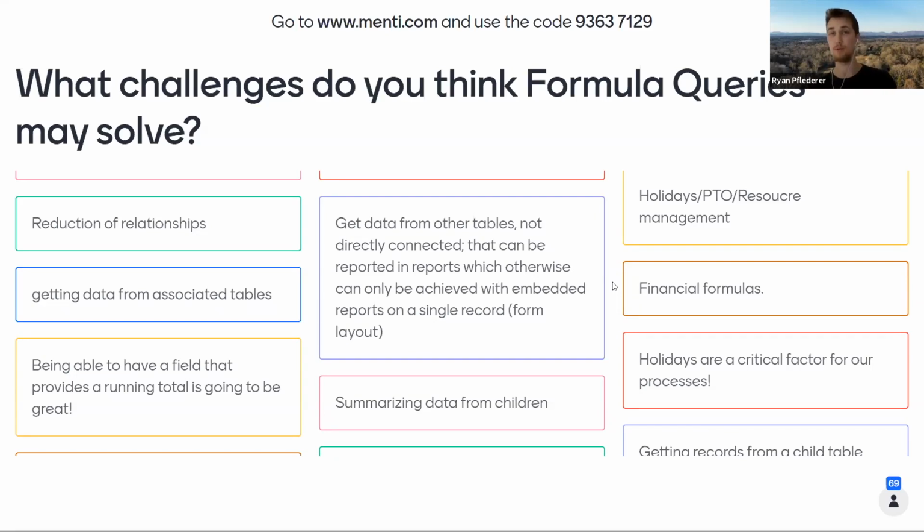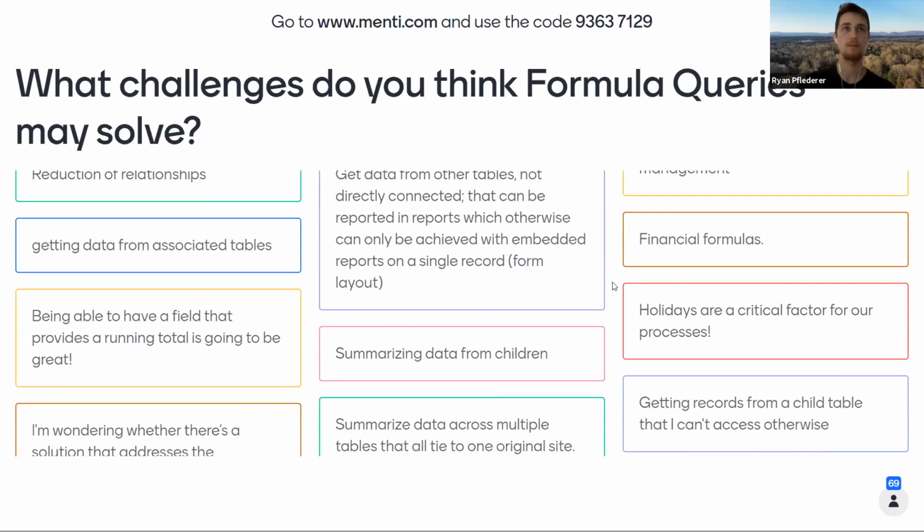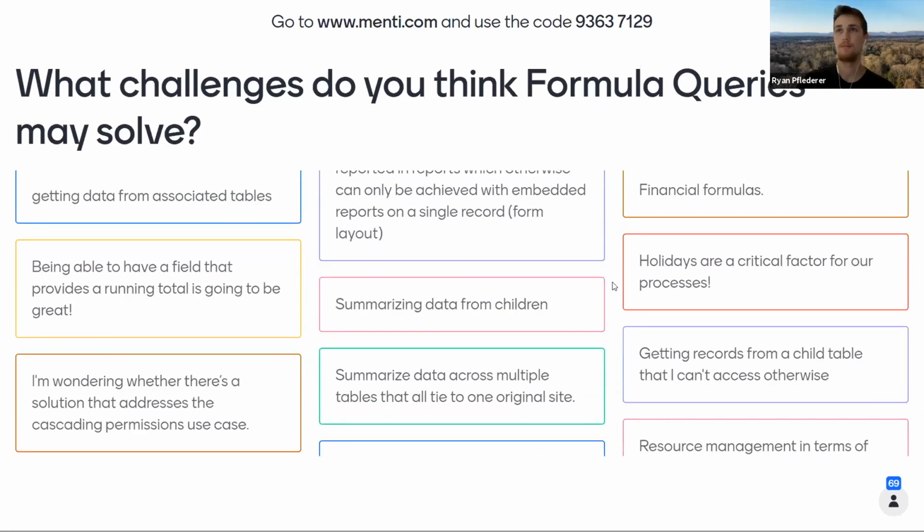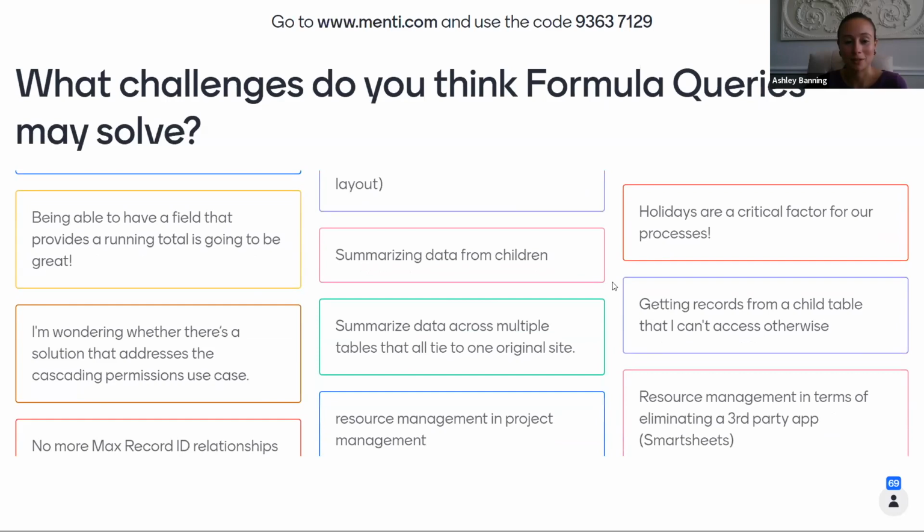So maybe a formula query would make sense to just pull that as a single field instead of pulling down lookups all the way down through that string of relationships. Exactly. Yep, and there's another cascading permission. So, yeah.